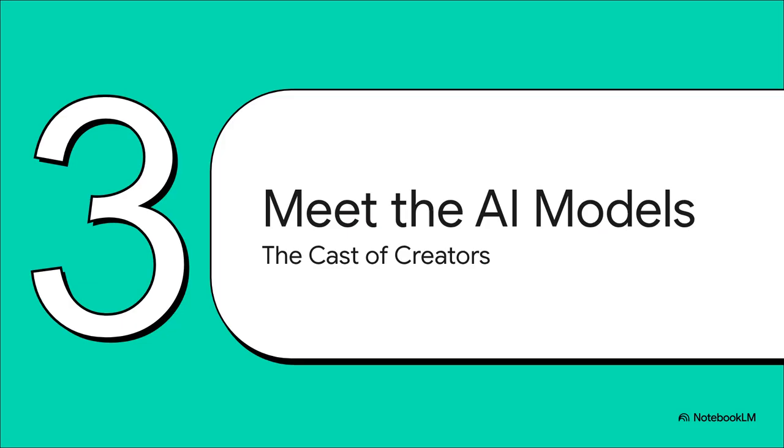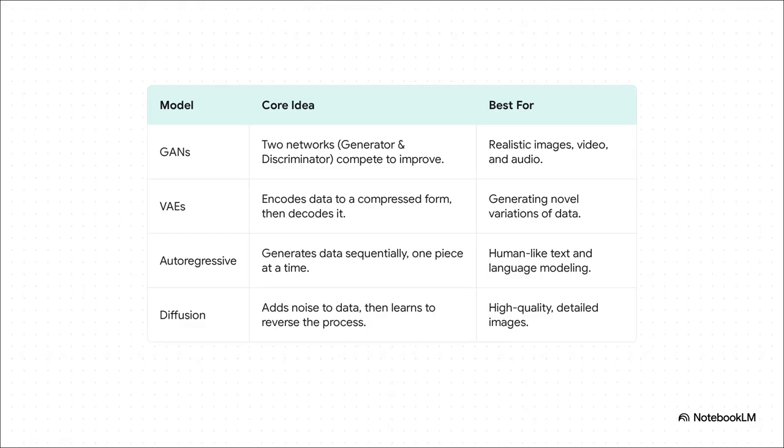Now, that whole learning process, it's not a one-size-fits-all deal. It's really important to get that generative AI isn't just one thing. It's more like a whole family of different models, and each one has its own special creative talent. So, let's meet the cast of characters. You've got GANs, which are the absolute masters of creating realistic stuff.